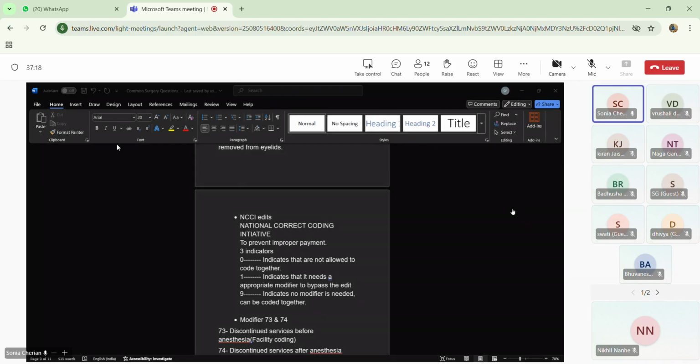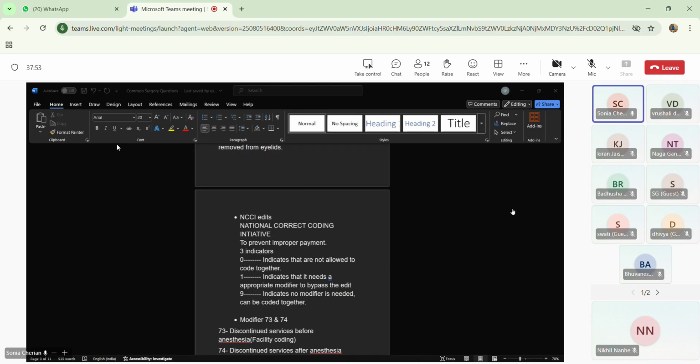That is why we always tell you to check for the NCCI edit. But if there is a need to code the second CPT, because the anatomy might be different, you can append modifier 59 and code both CPTs together. We have three indicators: 0, 1, and 9. If it shows 0, you cannot code the two CPTs together. It is a big error if you code both with a 0 indicator.